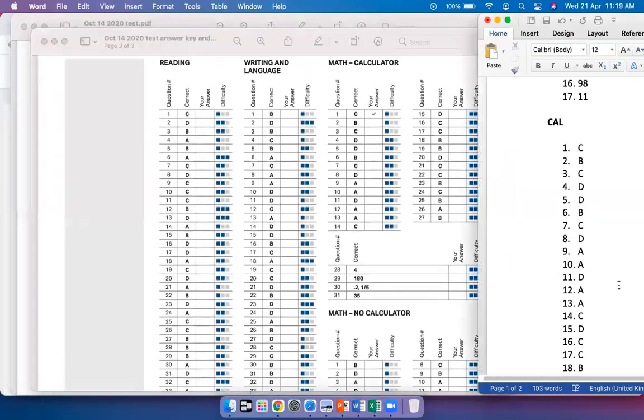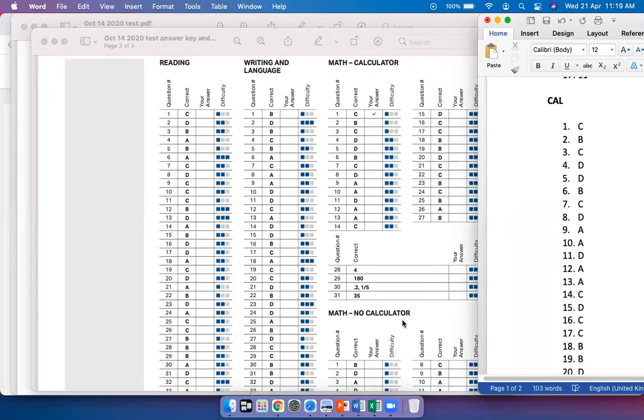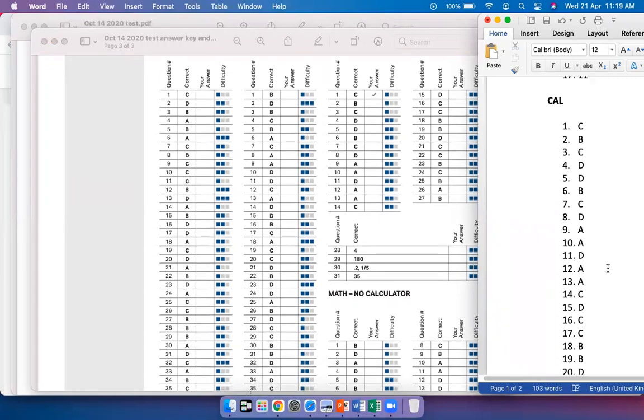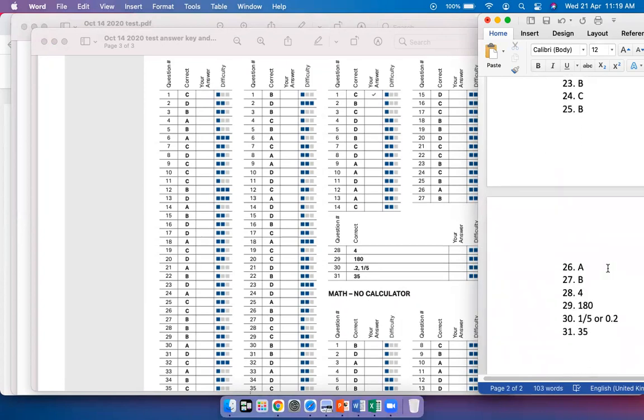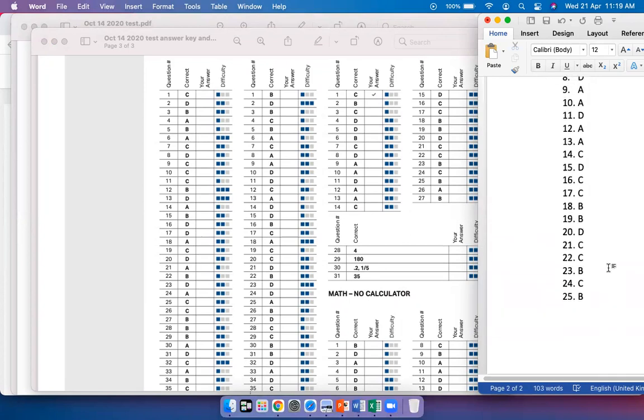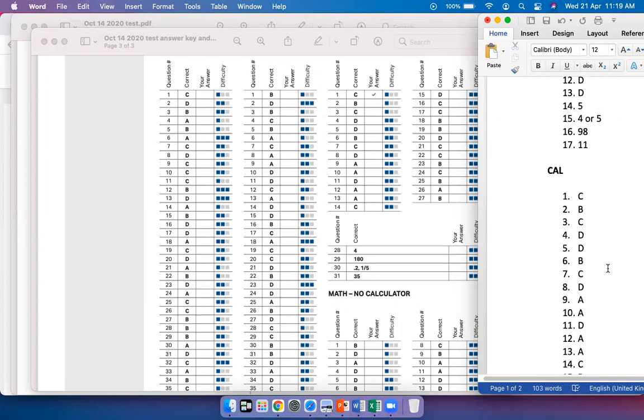Okay, calculator: CBCDD, BCDAA, DAAC, DCCBB, DCCBC, BAB, 4, 180, 0.2 and 35. Okay, so we got all correct. Great, so that was the calculator section of the October 2020 PSAT.